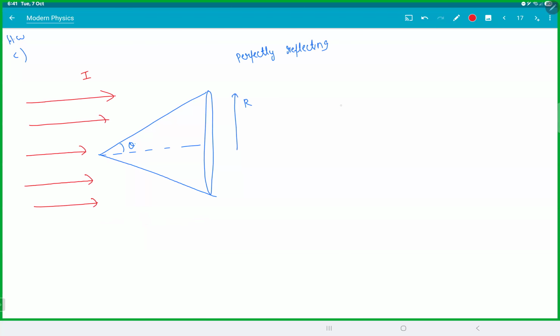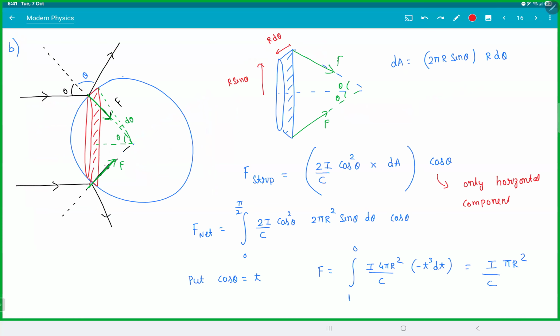You can try to find the force. I'll leave the answer, you can check and verify. The force will be 2I by c pi r square sine square theta, and that will be the force on the cone. So there it does depend on theta. So for a sphere, you can remember the result, but be careful.